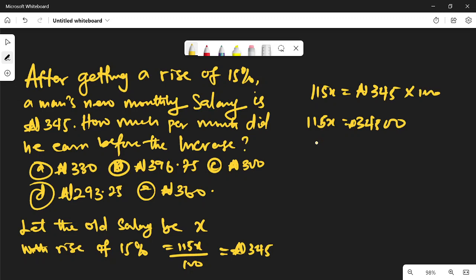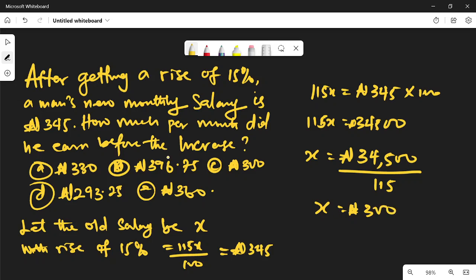Divide both sides by 115. So x is equal to 34,500 divided by 115. So x is therefore equal to 300 naira. So the man was earning 300 naira before the increment in salary. Okay?